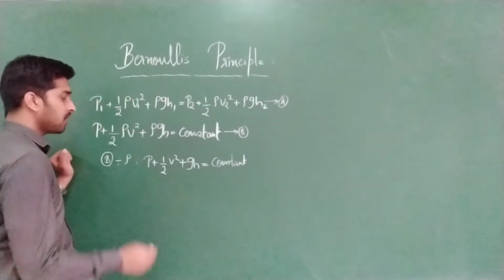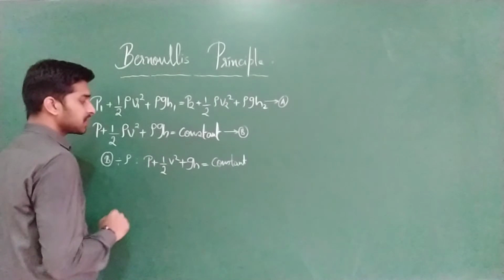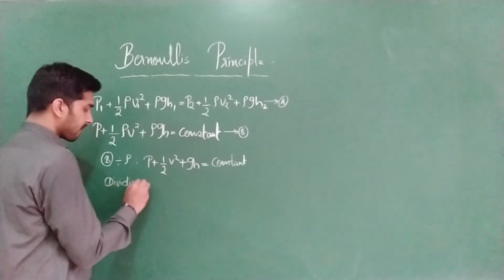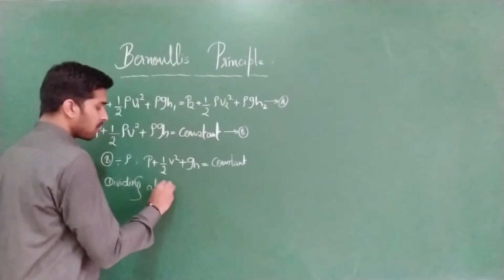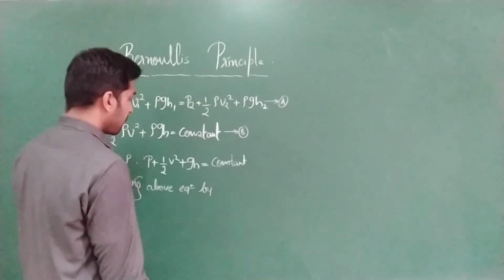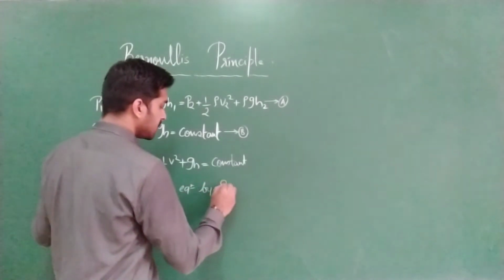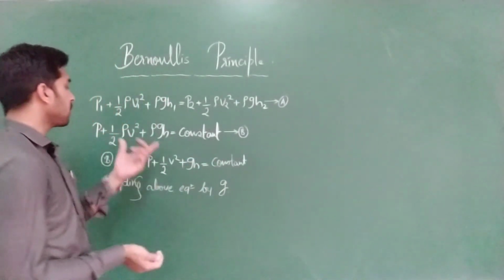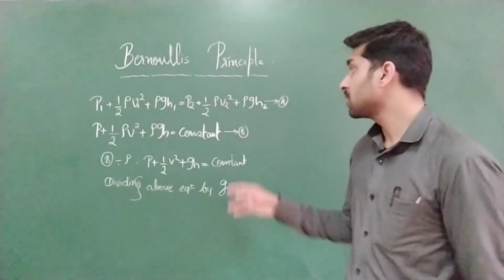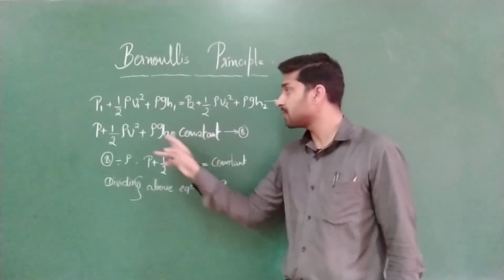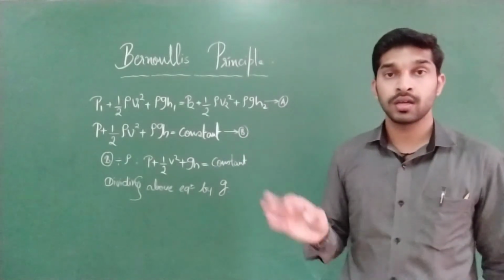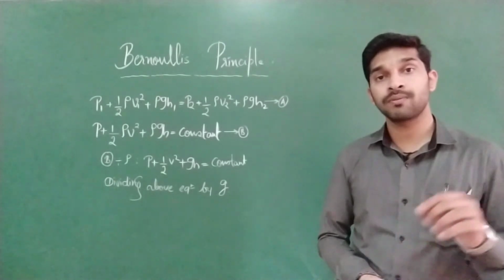Clear? Now I will divide the above equation by G. Clear? So first of all, P plus half rho V square plus rho GH is equal to what? Constant. You have to remember this. Clear? This is the equation for Bernoulli's principle or Bernoulli's theorem. So what is the statement of Bernoulli's theorem?